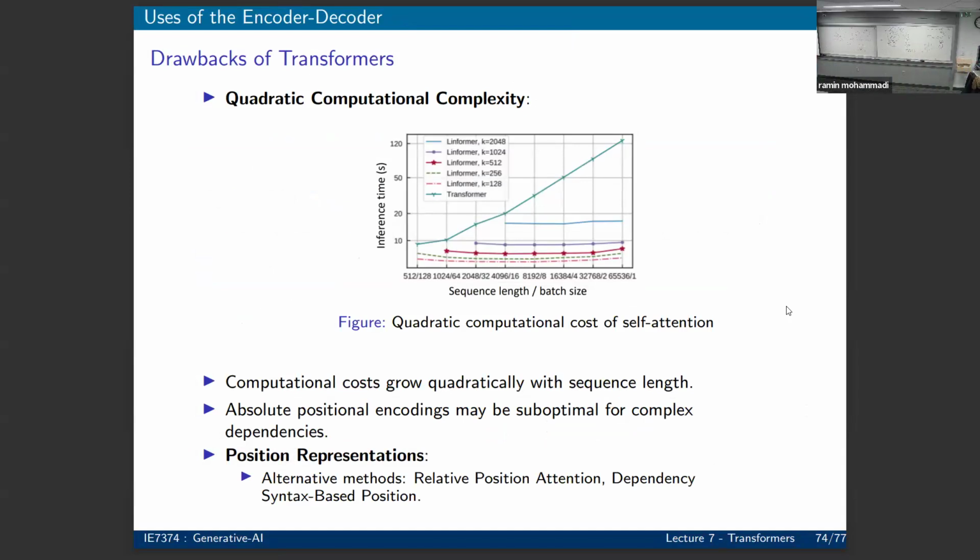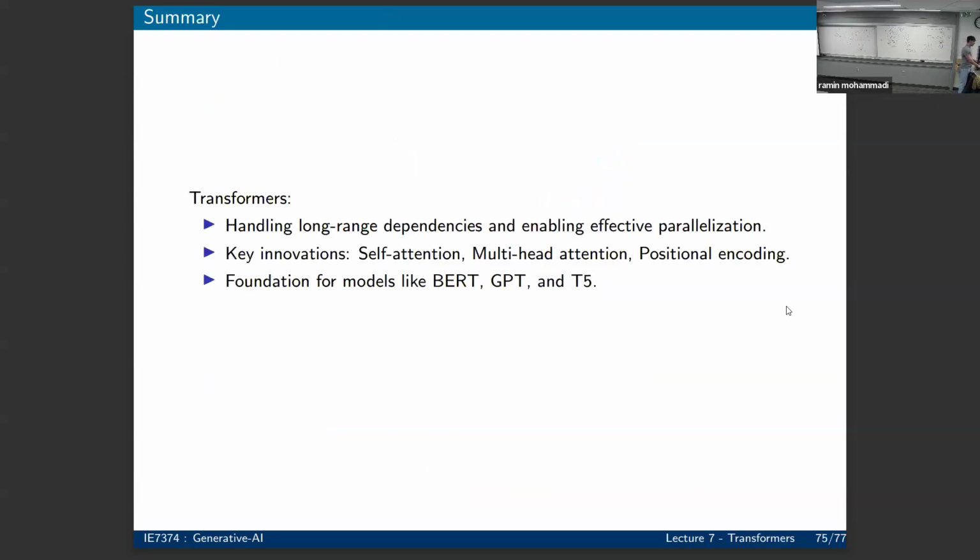You now have new architectures on transformers, for example Linformers, Performers, all of which try to improve that complexity and make it more efficient. But it's important to remember that they're pretty expensive. And then we talked about positional representation, there are alternative methods you can use, like relative, that's what we saw, like RoPE or rotational, and syntax-based position.